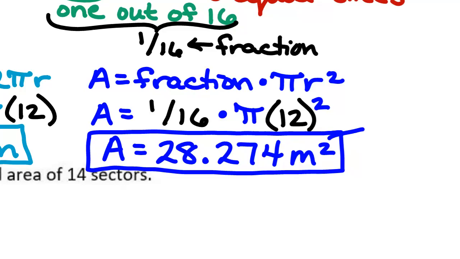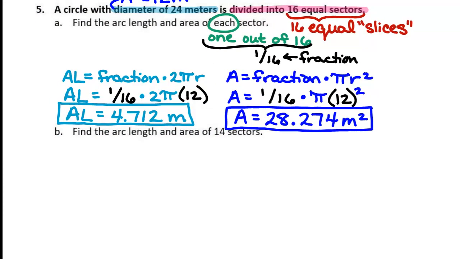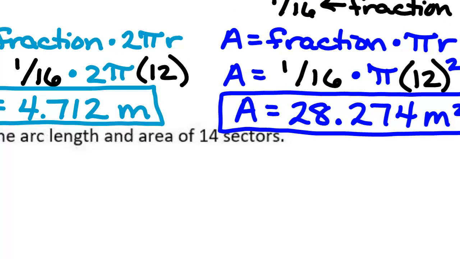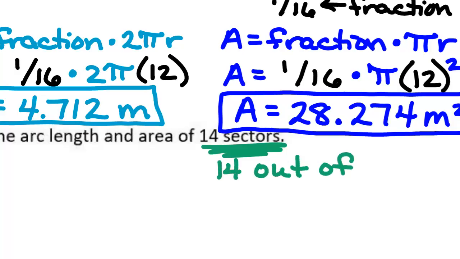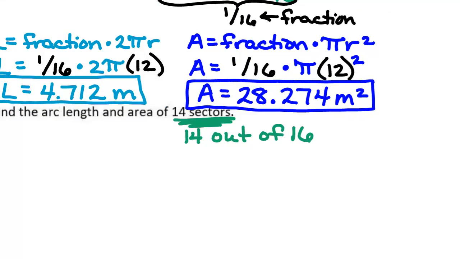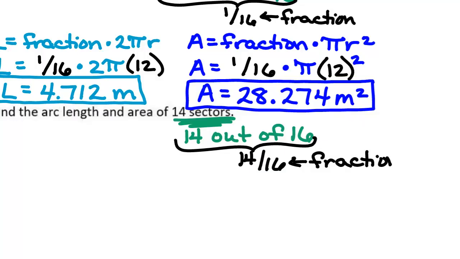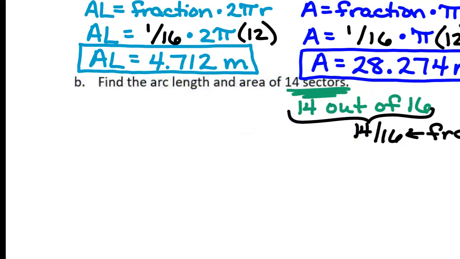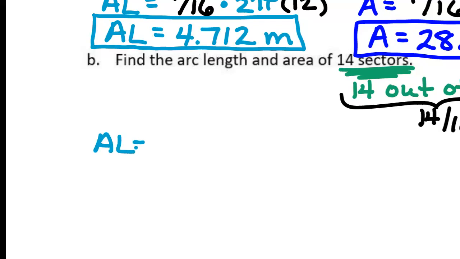All right, let's see how part B is different. We still want to find the arc length and the area, but now we're looking at how many sectors? We're looking at 14. 14 out of how many? Out of 16. So what's my fraction? 14 over 16 is my fraction. So other than that, it's exactly like part A. My arc length is the fraction times 2 pi r.